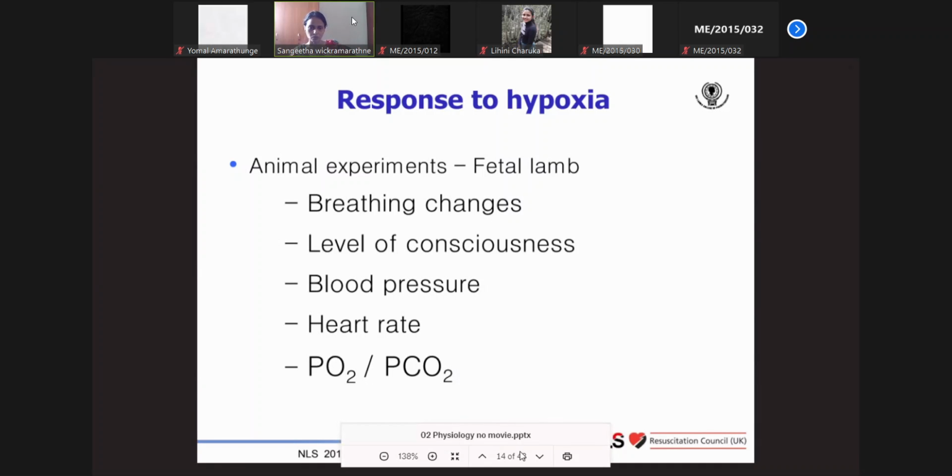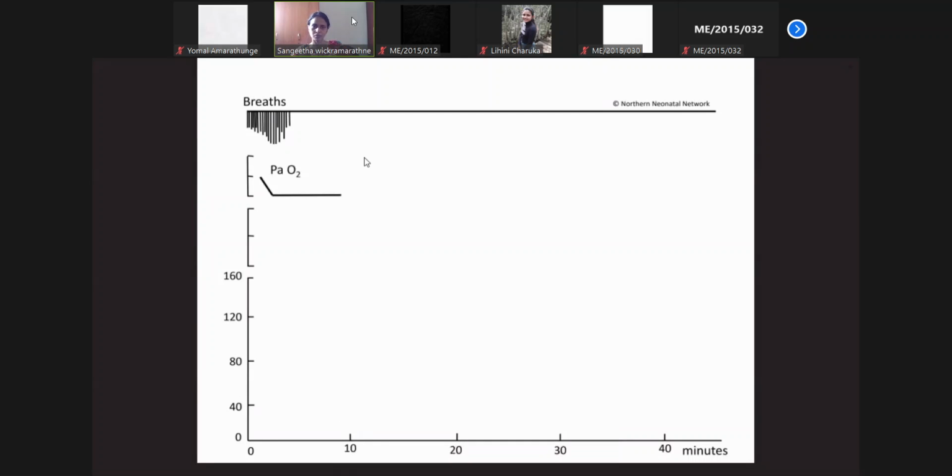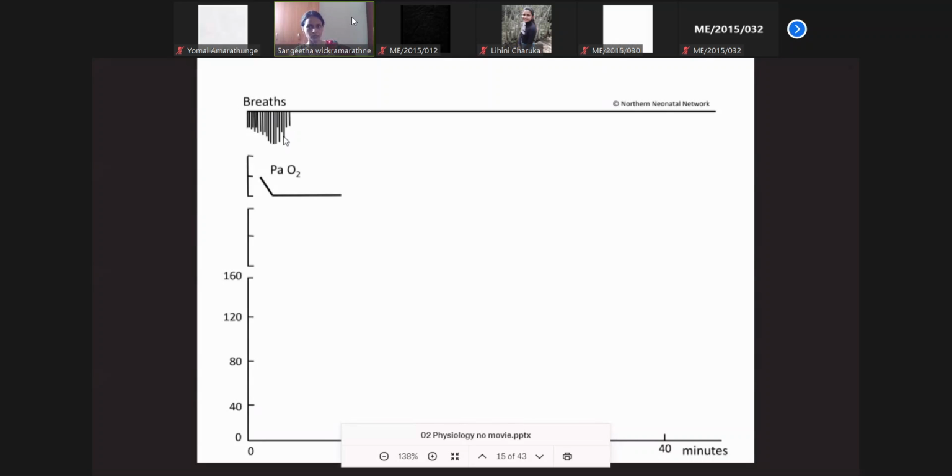So now, you don't have to put a fetus into the water. Suppose someone is strangulating your neck, so you will not be able to breathe. In the initial part, you might struggle to breathe, and there will be rapid attempts at breathing.